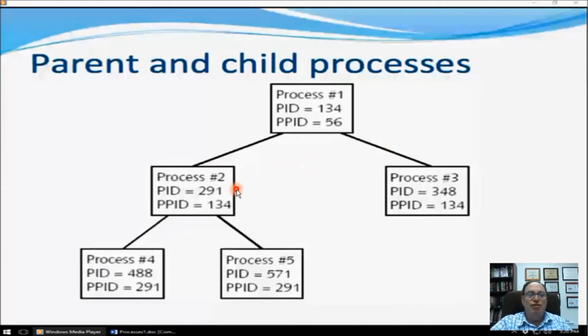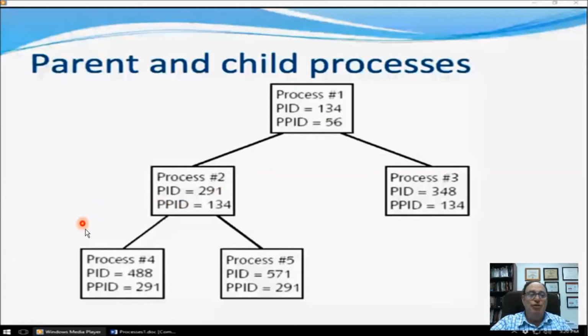You see here that process number 2 has a PID, or process ID, of 291, and its sibling, so to speak, has a PID of 348. Both of these have the same PPID, or parent process ID, of 134 here and 134 here, which corresponds to the PID of 134 right here.